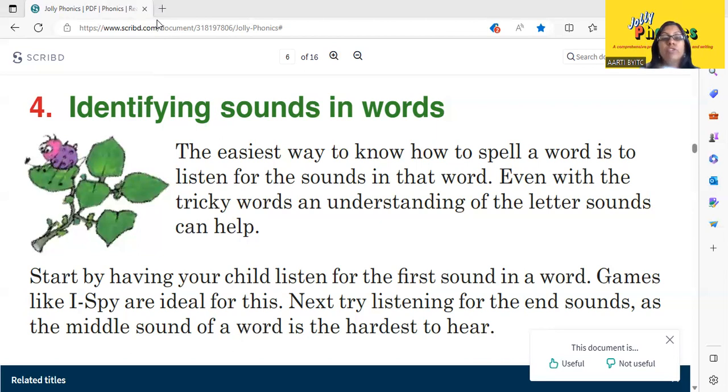Start by having your child listen for the first sound in a word. So that beginning sound concept, ending sound concept should be clear to the child. Games like I Spy are ideal for this, right? So here you are actually making the child learn with the help of certain games.